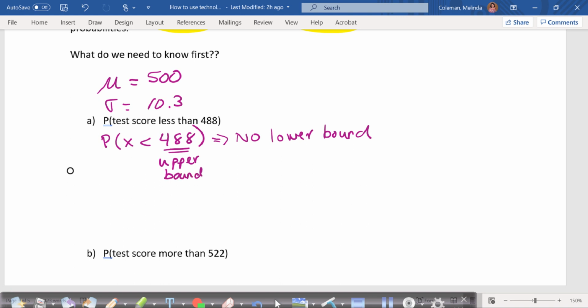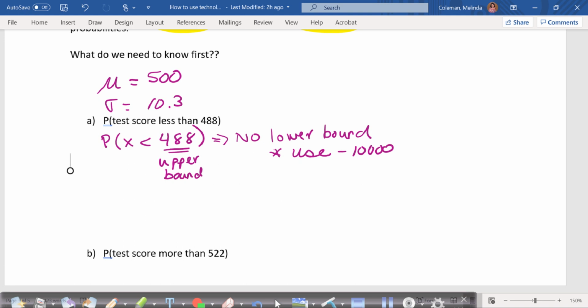In fact, I'm not even sure what the lowest score you could get on this test is. The lowest score may be 300, the lowest score may be 200, the lowest score may be 450. We just don't know. So there is no lower bound. When there is no lower bound, we are going to use a negative, because we want a small number, a large negative number.